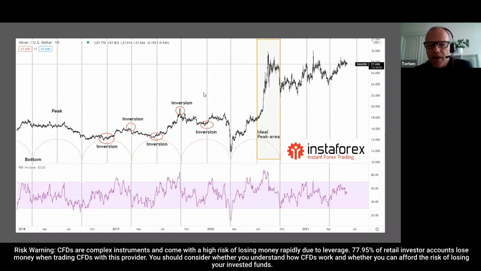And you can see here, I've just added in where I said this should be the ideal peak area in a cycle, and that is to the right of the middle of this cycle I have here.